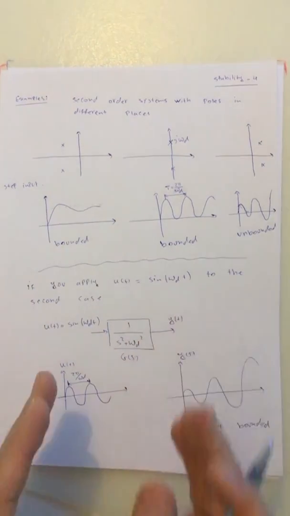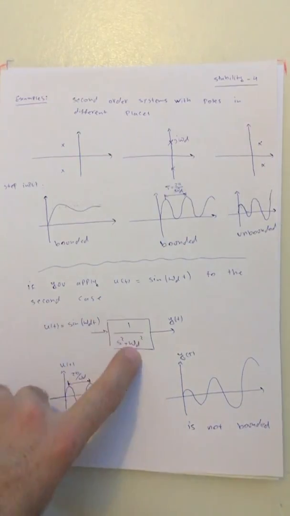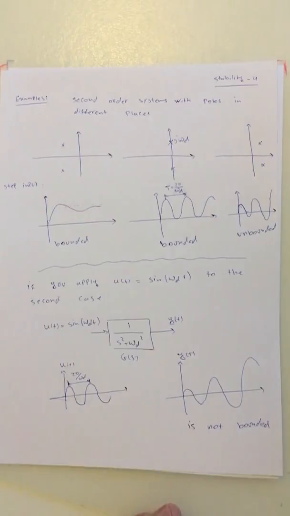So even though it is a very special input, because we could find it, the system is not stable. And to be more exact, it is the only input that gives you an unbounded output, but still it is enough to conclude that the system is not stable.